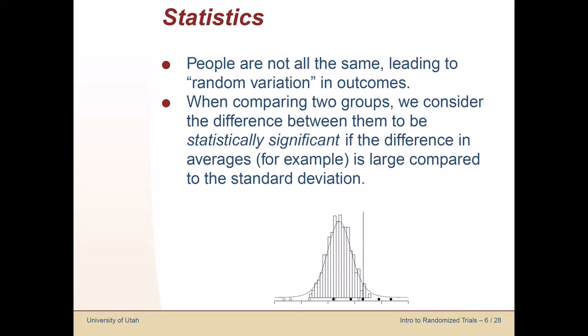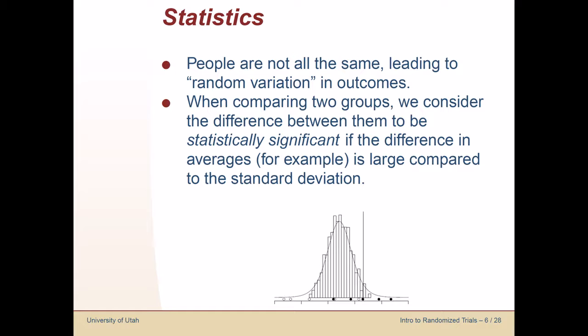Well, let's talk about statistics for a minute. We're not going to go into too much detail on statistics, but the basic idea is that you have a lot of people in your trial. People are not all the same. This leads to what we might call random variation in outcomes.